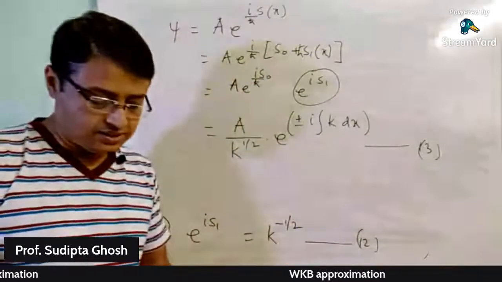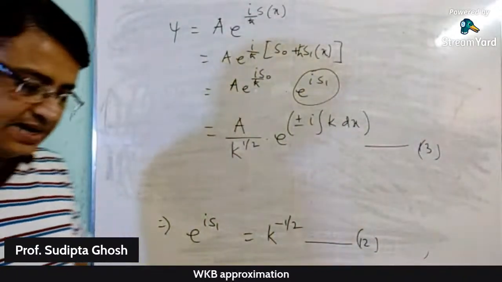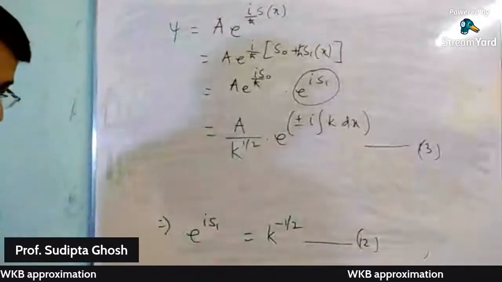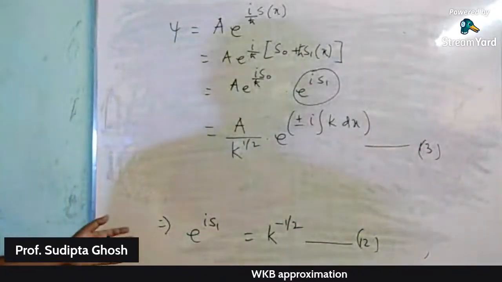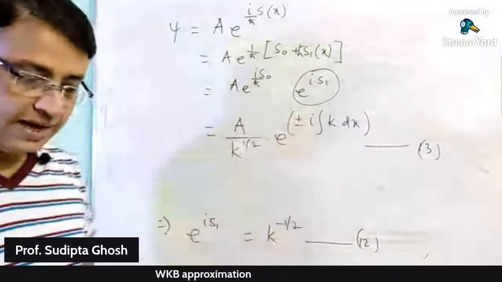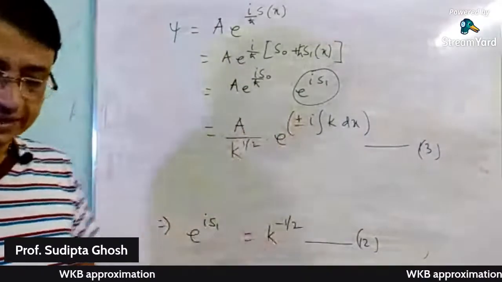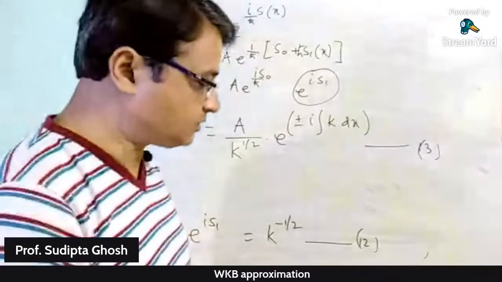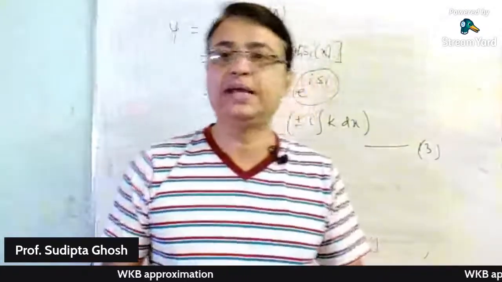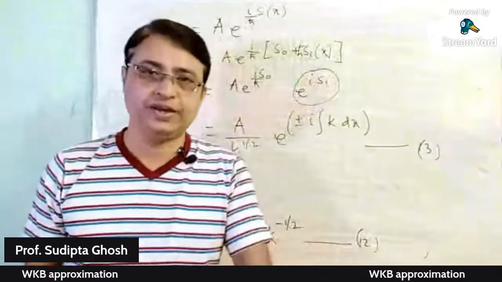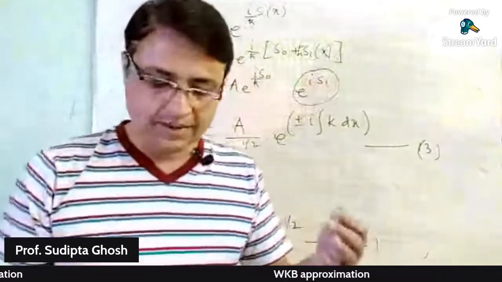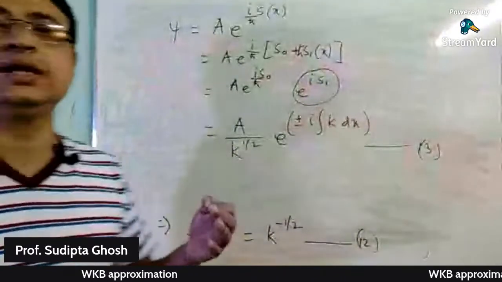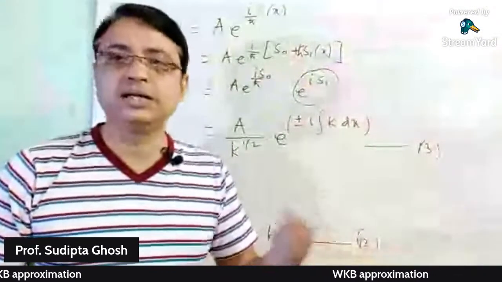The general solution will be a linear combination of the two terms, one with a positive sign and the other with the negative sign. Now the wave vector k is real, and therefore this solution is actually an oscillatory equation.